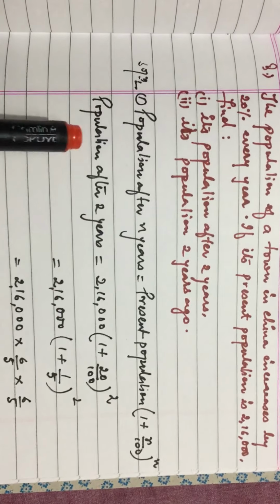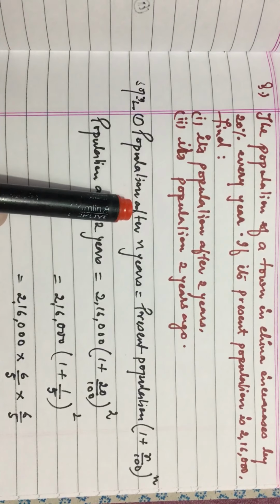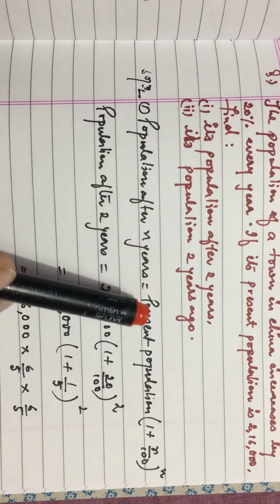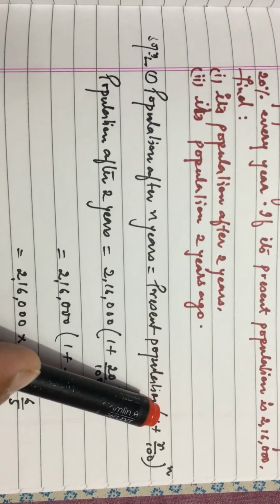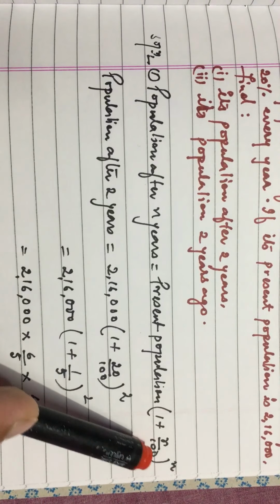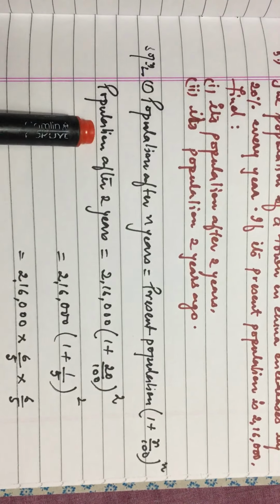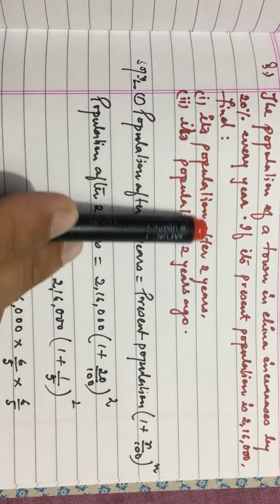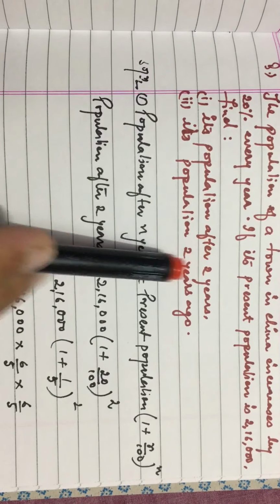Now see the formula. Population after n years equals present population times (1 plus rate by 100) to the whole power time. According to the question, we are finding the population after 2 years.